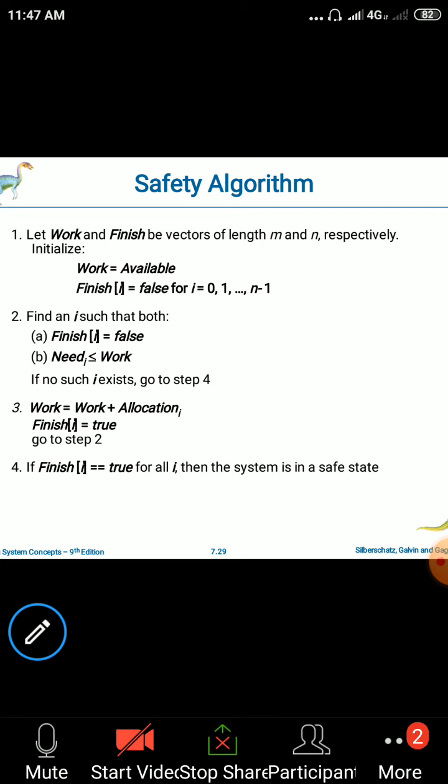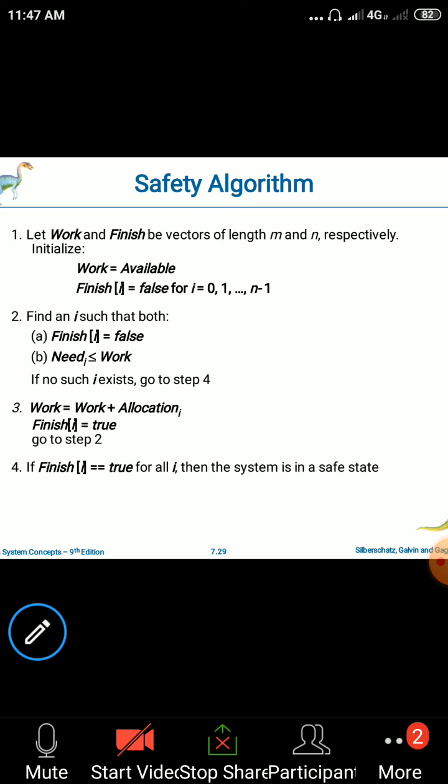To find out whether the system is in a safe state or not, we use the safety algorithm. In this algorithm, two vectors are defined: work and finish.